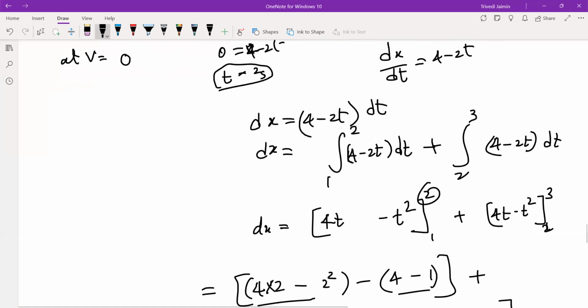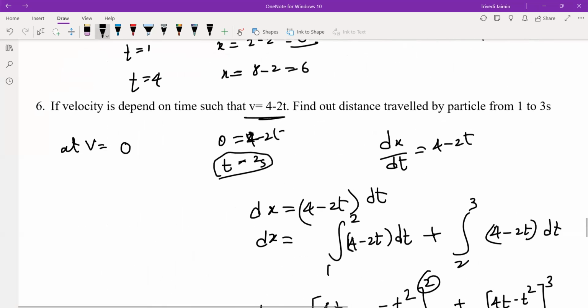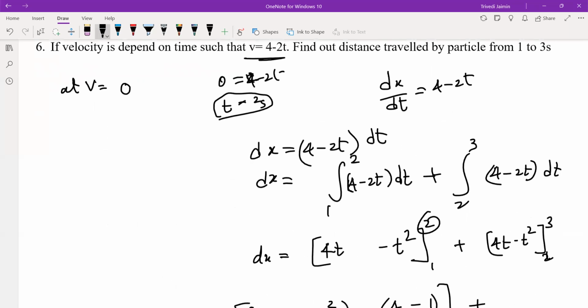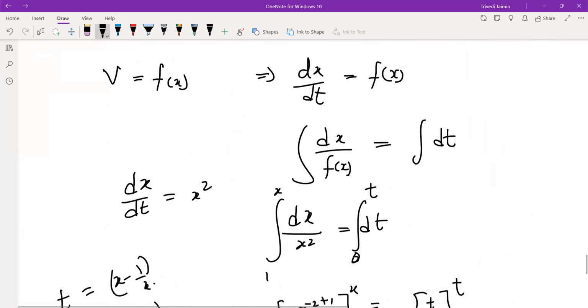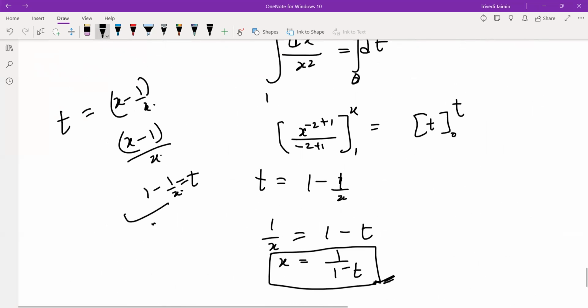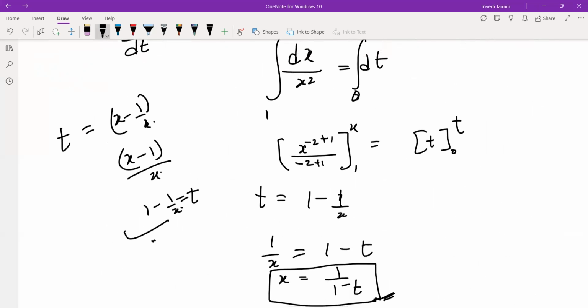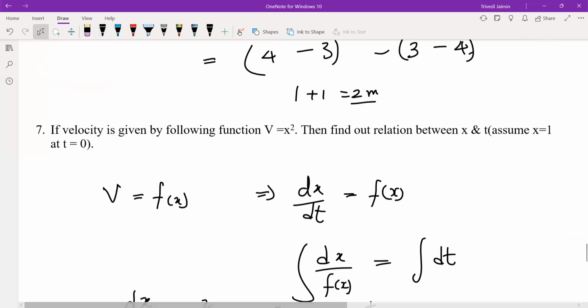Like all other differentiation, the integration is the same. What do you mean by function of x, sir? Yes, v is the function of x, where x is equal to x square. Yeah, there is a function.